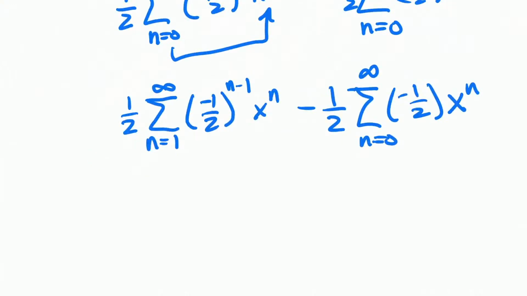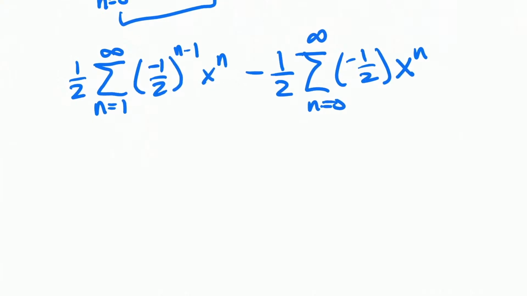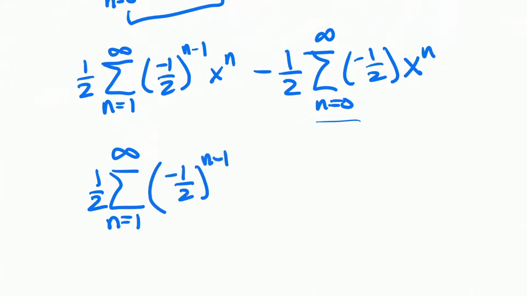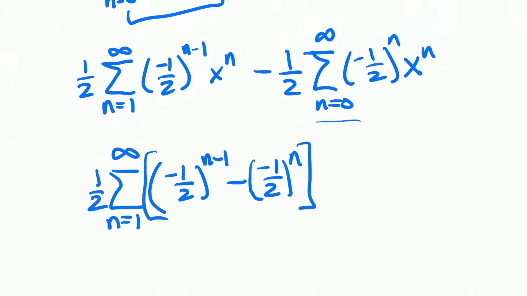Okay, now we can recombine these, except for the very first one over here. So we're going to have to set that one aside just a sec. So this is going to be, let's see, the sum where n goes from 1 to infinity of 1/2 times (-1/2)^(n-1) minus (-1/2)^n, all of this times x^n.